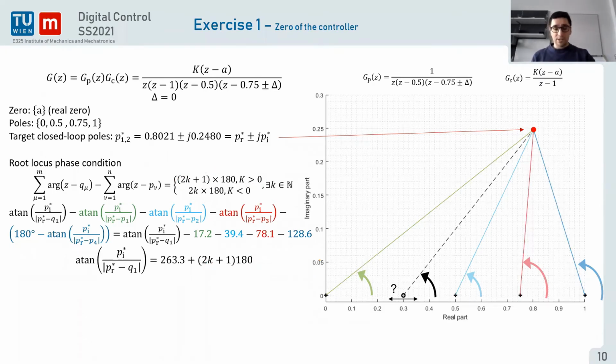So here you can choose any k you want. I choose k equals -1, so that I've got something that is between 0 and 180 degree. And I find that arctangent should be equal to 83.3 degree.